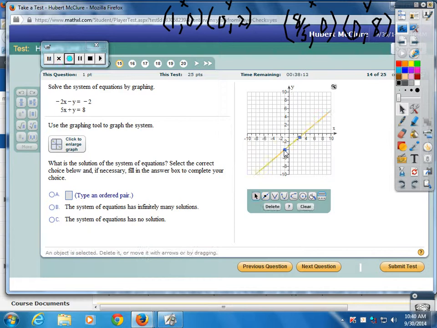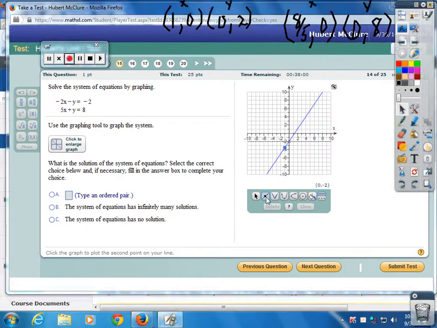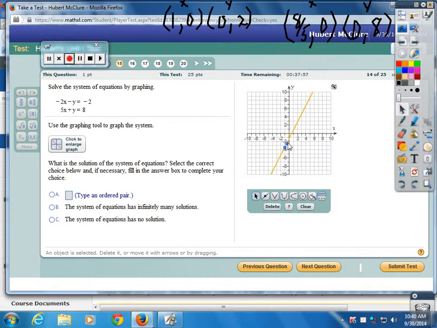Let me try it again. It's not letting me do it. The first time you touch it has to be on one. There. And the second one is 0, 2. All right, so there's one line.